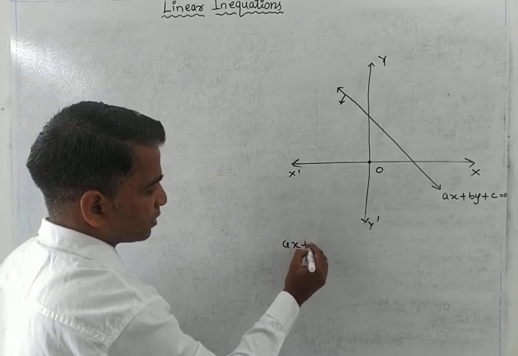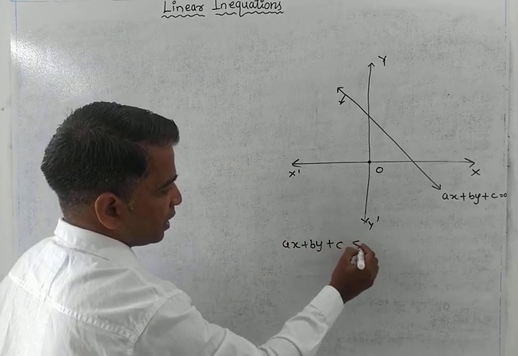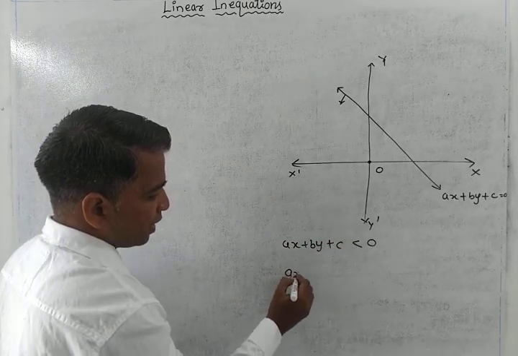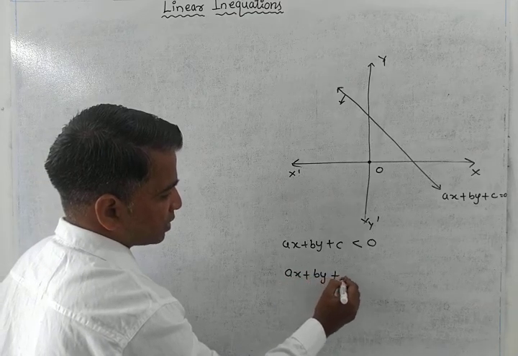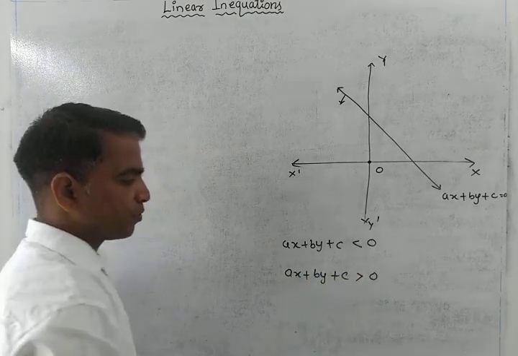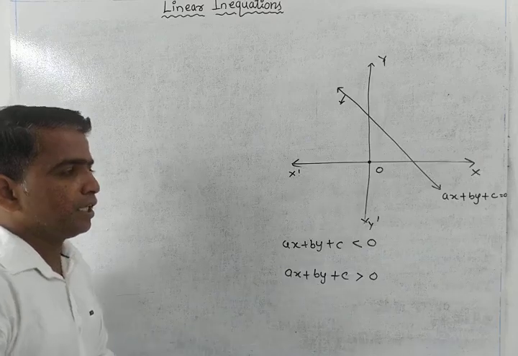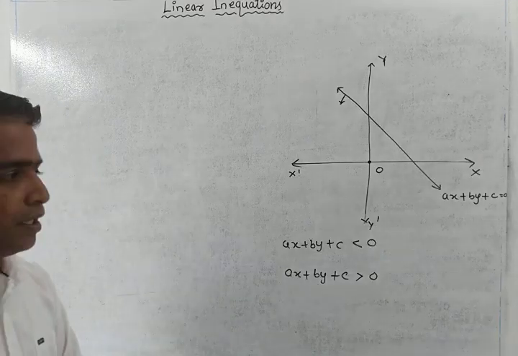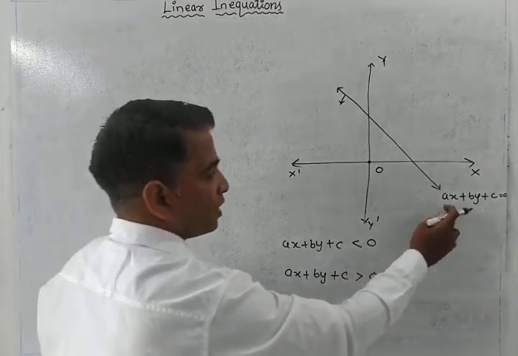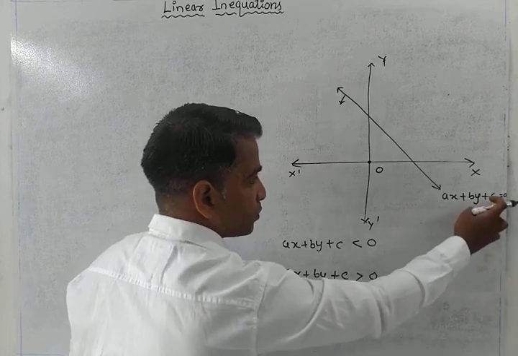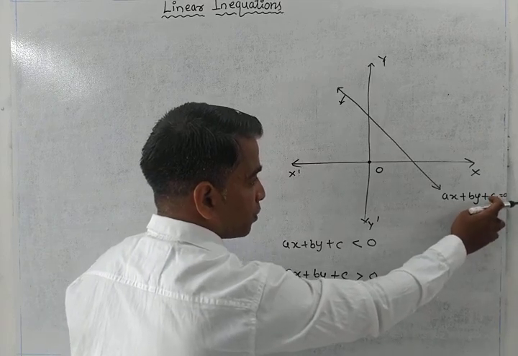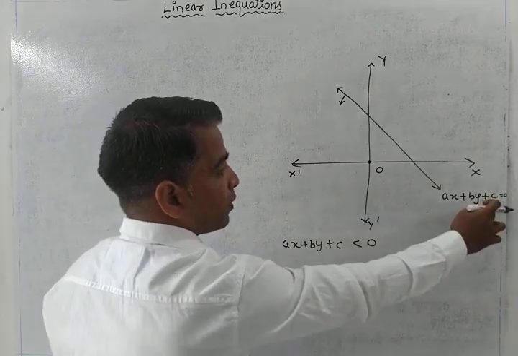Now the linear inequations: ax plus by plus c less than 0, or ax plus by plus c greater than 0. So these two linear inequations are there. First we draw the line for the linear equation. In equations we took it equal to 0, so that is the line.